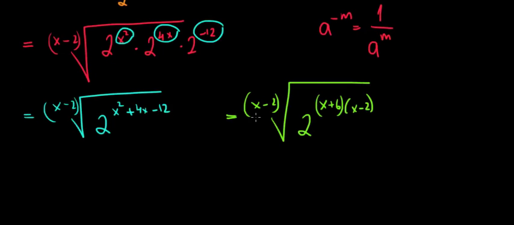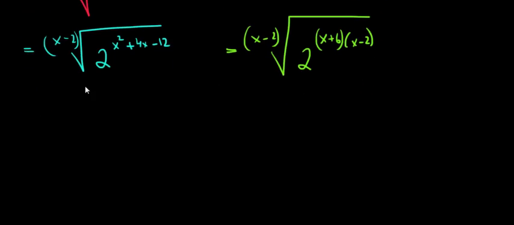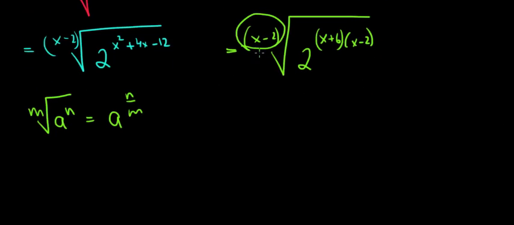Now, remember the rule we used before. M-th root of a to the power of n. When we have the m-th root of a to the power of n, that's the same as a to the power n over m. So in this case, we'll just put this thing below the power. So let's see what we get.